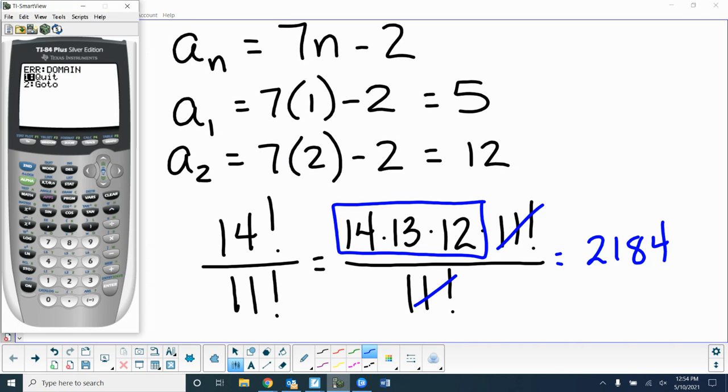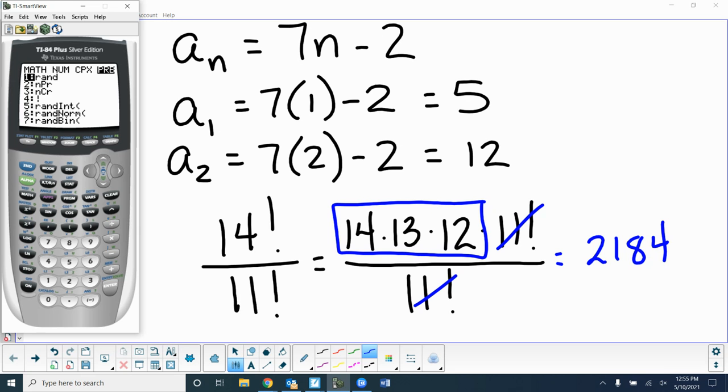Again, showing you where that symbol is. Go to 14, go to math, highlight the PRB. I just hit the left arrow key once, and number 4. And that'll give you the exclamation point. And then divided by math, PRB.